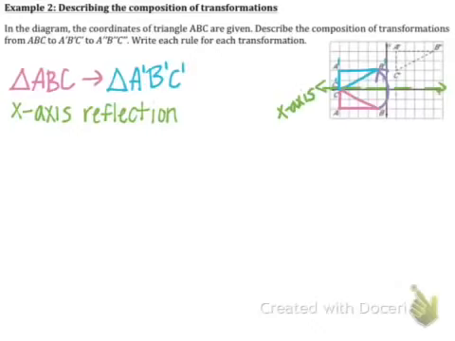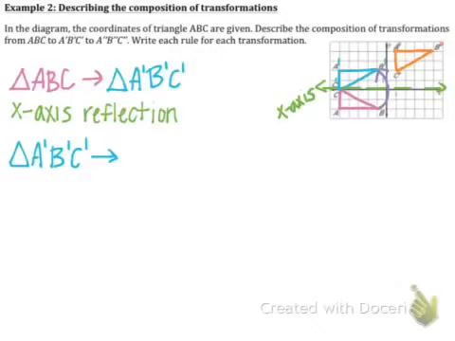The second transformation occurs when our triangle A prime, B prime, C prime slides over to that orange triangle over there. How do I know that comes next?